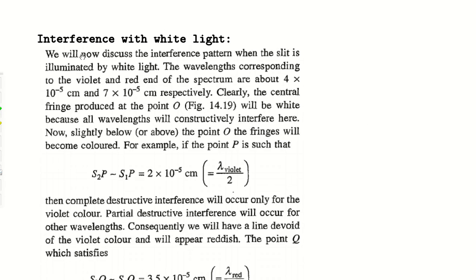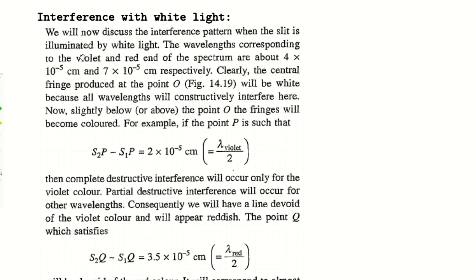And now a very interesting thing: what will you see when white light is used in an interference experiment? Let us take the example of the Fresnel Bi-Prism. I am describing it with the Fresnel Bi-Prism, but Young's experiment can also explain this phenomenon of white light interference in a similar way.